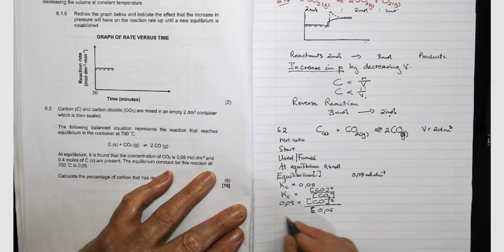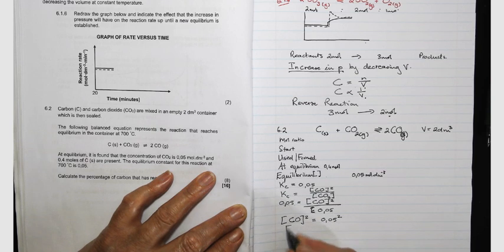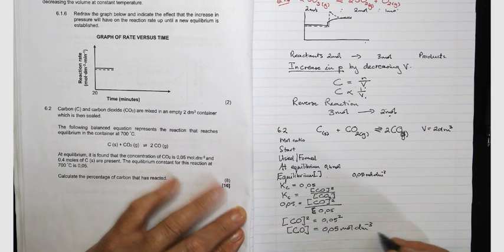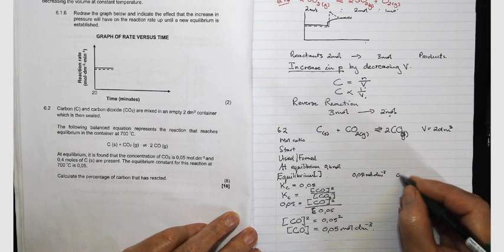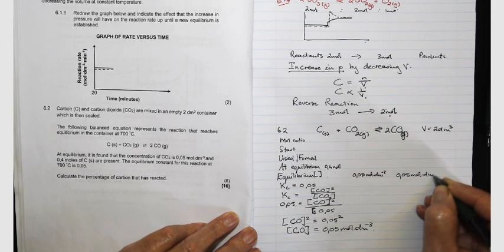So the concentration of carbon monoxide squared is 0.05 squared, because it's 0.05 times 0.05. That means that the concentration of carbon monoxide is 0.05 mole per cubic decimeter at equilibrium.